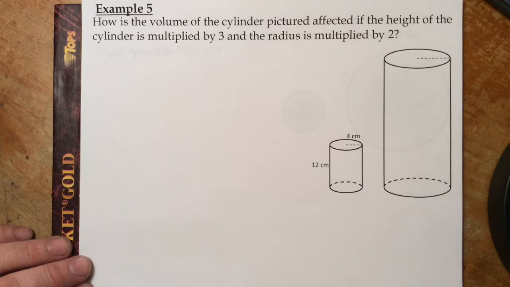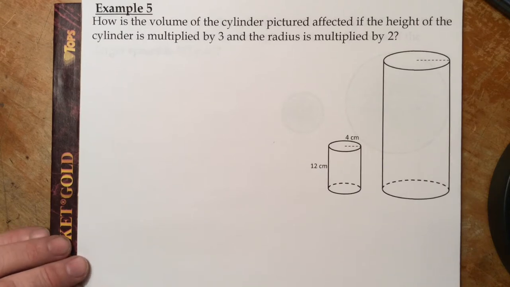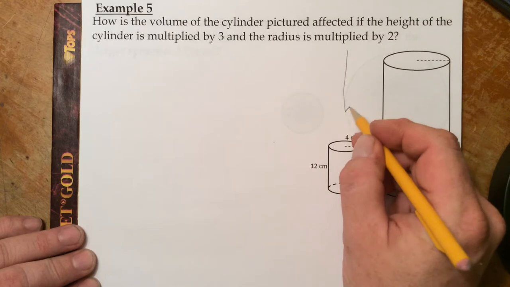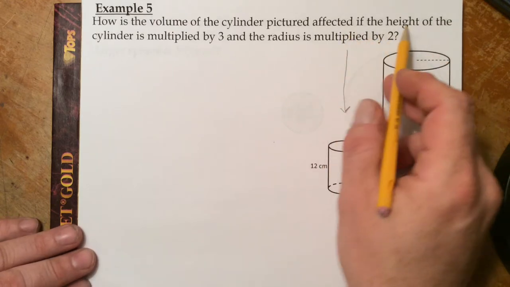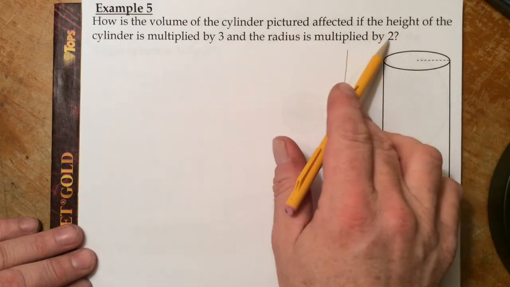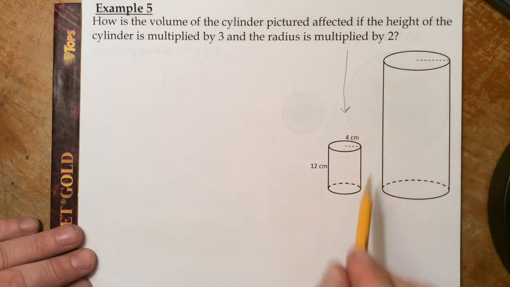Example 5. How is the volume of the cylinder pictured below affected if the height of the cylinder is multiplied by 3 and the radius is multiplied by 2? They're referring to the smaller one here, because if it's multiplied by 2 different numbers, it's obviously going to get bigger.